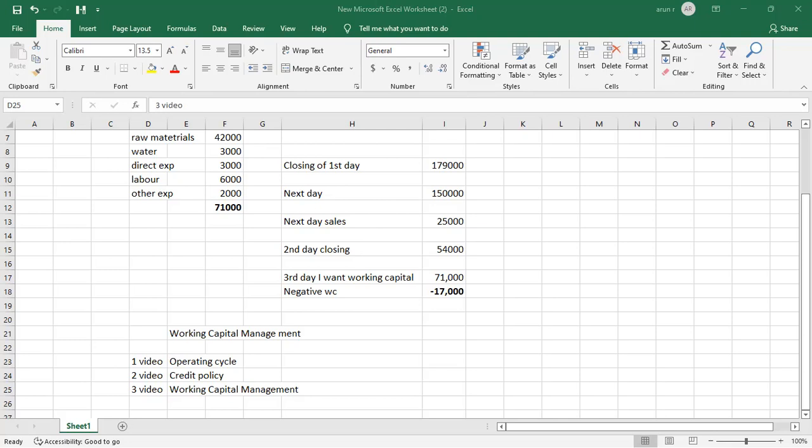Note the words: excess of current asset over current liability. What is the concept of working capital? There are two concepts: gross working capital and net working capital. Gross working capital is total current assets, and net working capital is the excess of current asset over current liabilities.